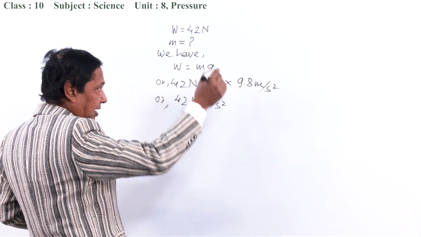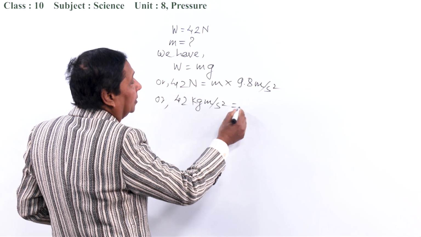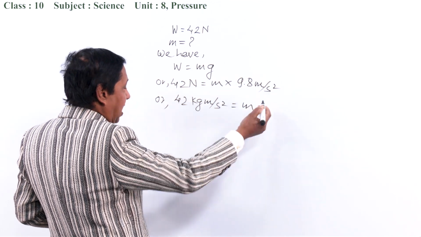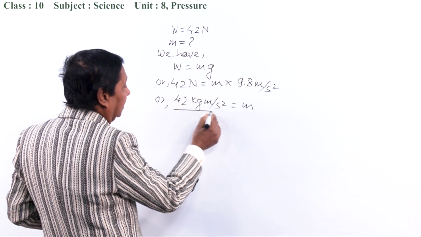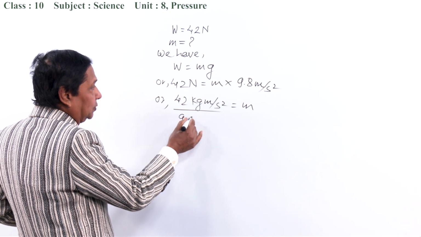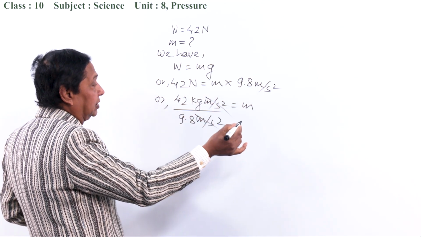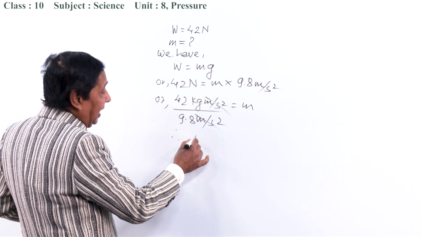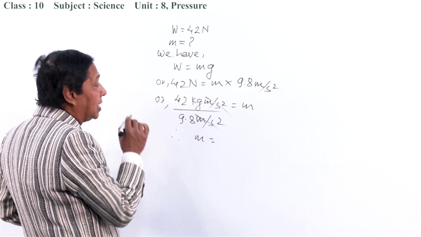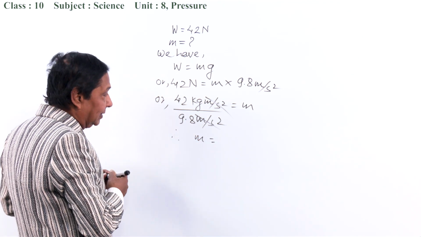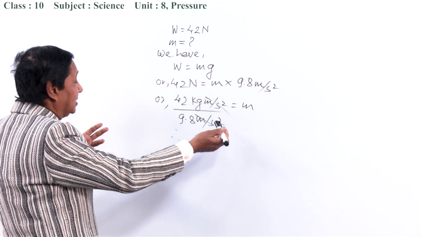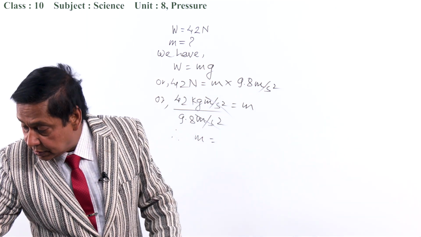It was taught in the same chapter, equal to m. I want to take this 9.8 to the left hand side and it goes in the denominator. 9.8 meter per second square, meter per second square cancel. Therefore m is equal to, now we have to divide 42 by 9.8 and then we will get the result. I am using a calculator.